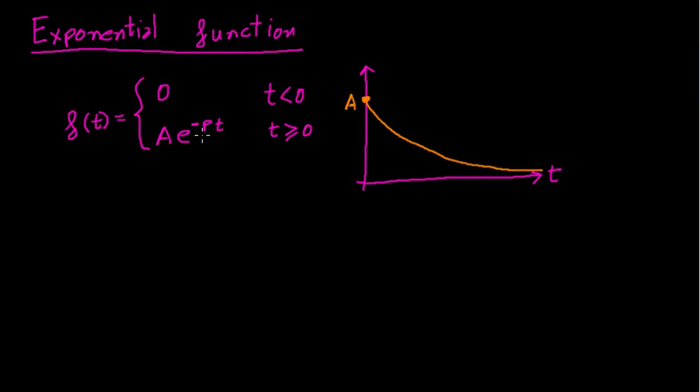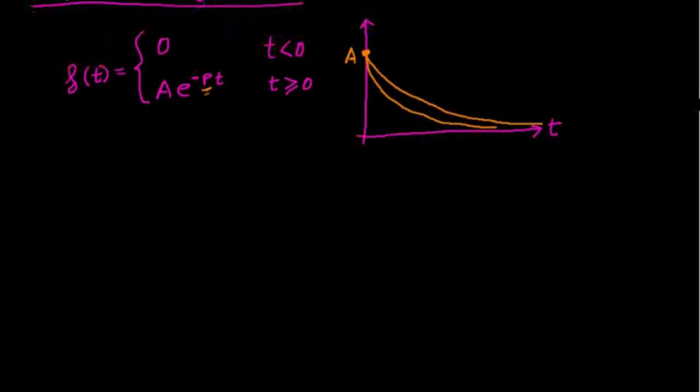The bigger p is, the faster this function approaches 0. This effect will be very important in the future. So let's calculate its Laplace transform by applying directly the definition of the Laplace transform.